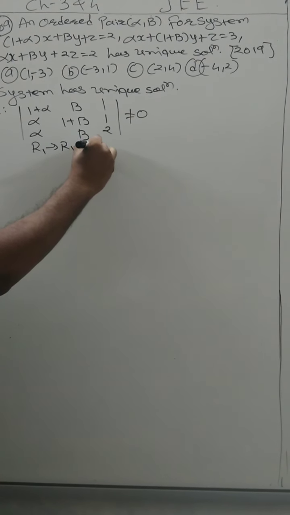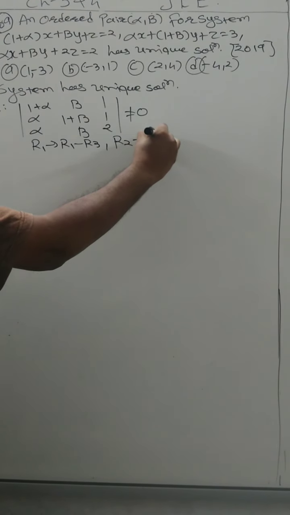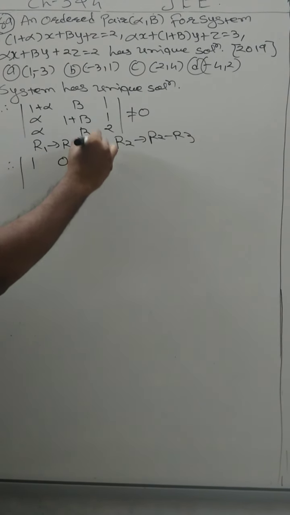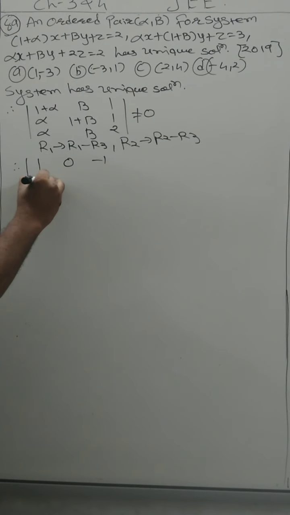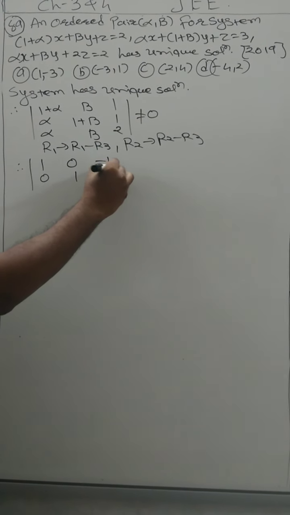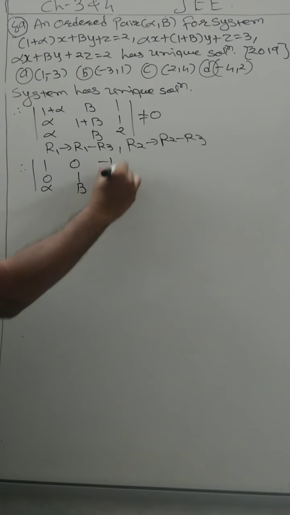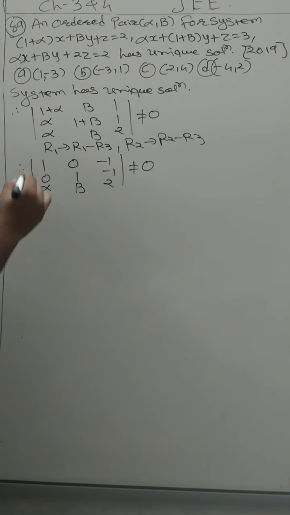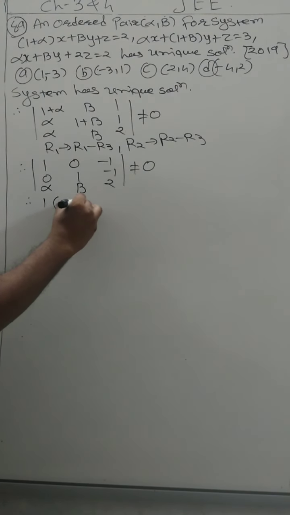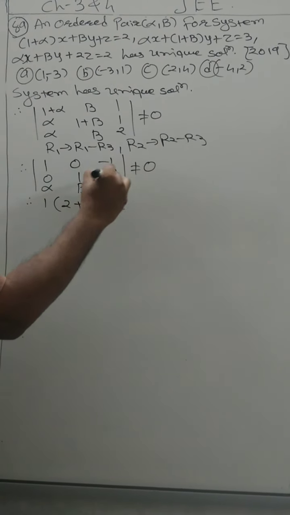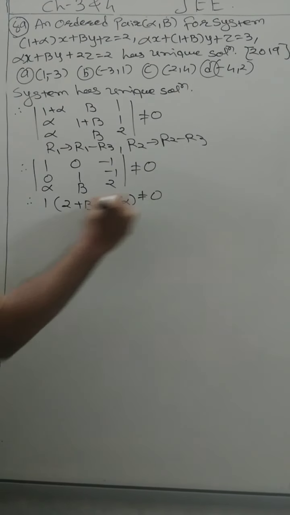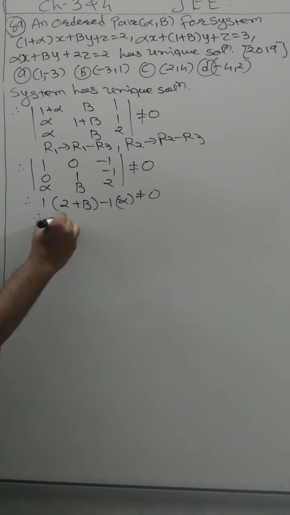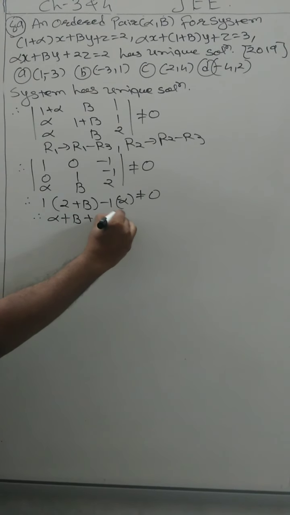R1 minus R3, R2 minus R3. So therefore [1, 0, -1; 0, 1, -1; alpha, beta, 2] is not equal to 0. Therefore here we just solve it, then we get 1 bracket (2 plus beta) minus 1 into alpha is not equal to 0, means just a minute, minus alpha, therefore alpha plus beta plus 2 is not equal to 0.